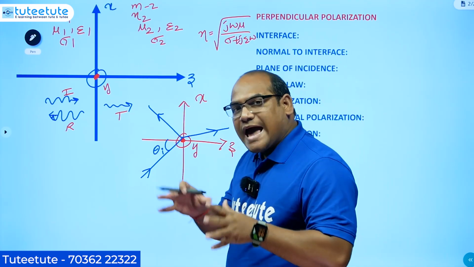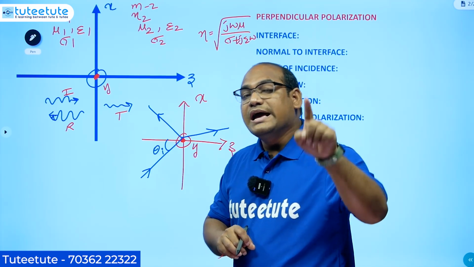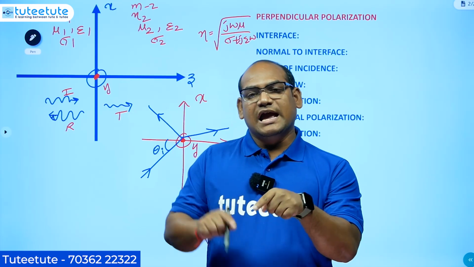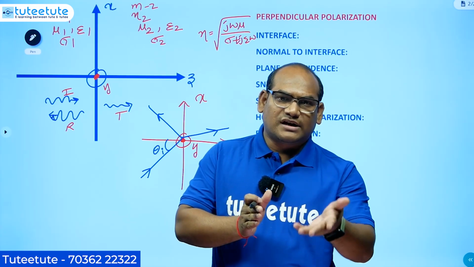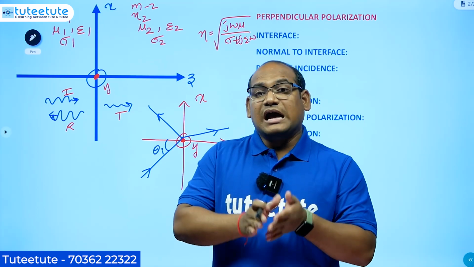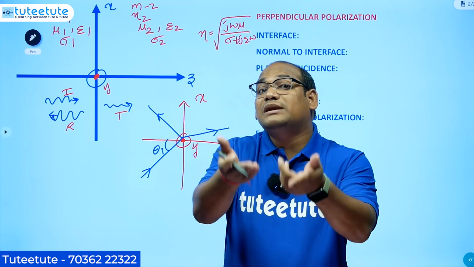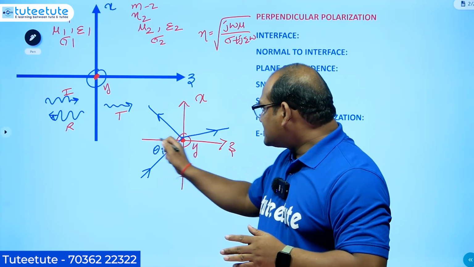All these angles are with respect to the normal, not with respect to the interface or the boundary. The wave vector of the incident, reflected or transmitted wave makes angles with respect to the normal to the boundary. This is the boundary, but this is the normal.